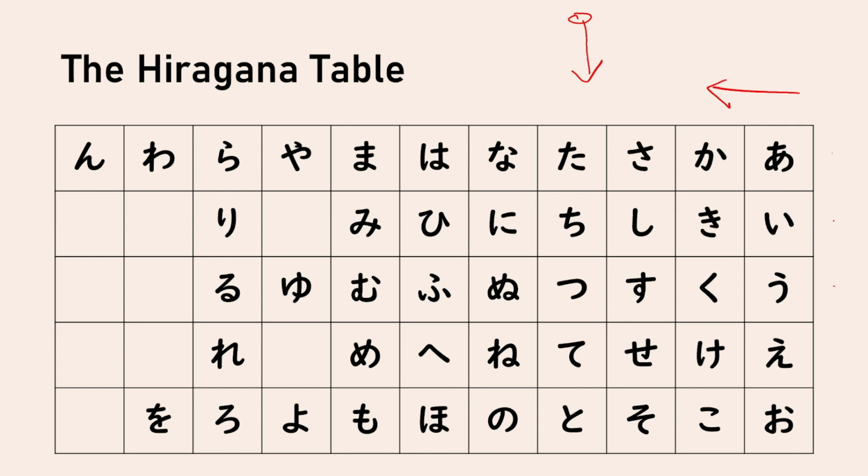If you go into a Japanese school, Japanese textbooks write their hiragana tables like this. So it starts from the right going to the left. Okay, so we are going to look one by one from the right to the left.